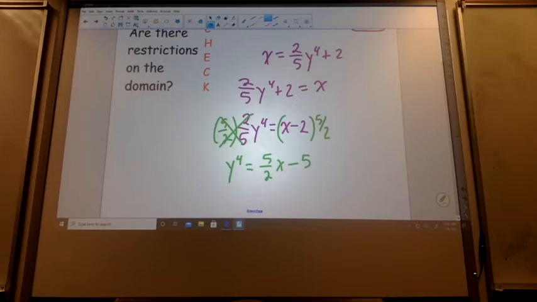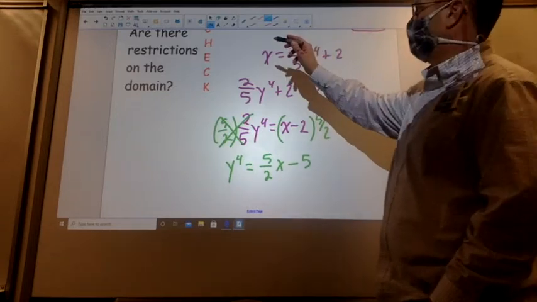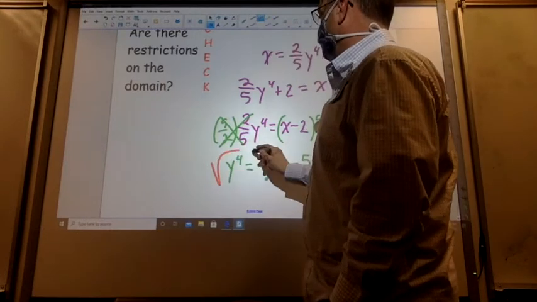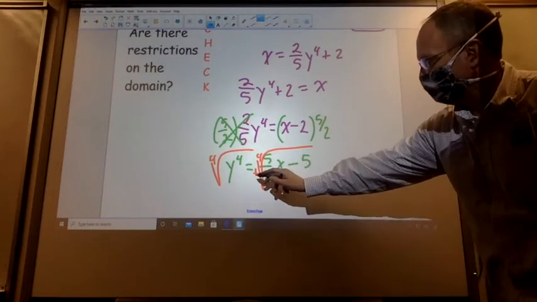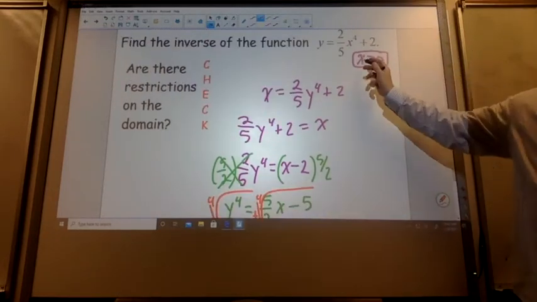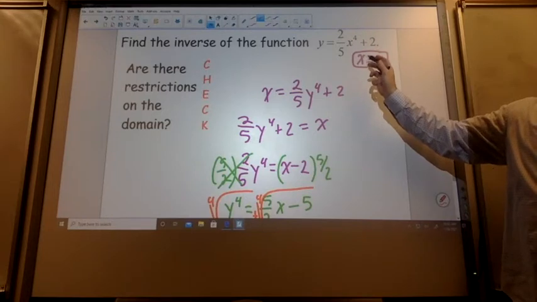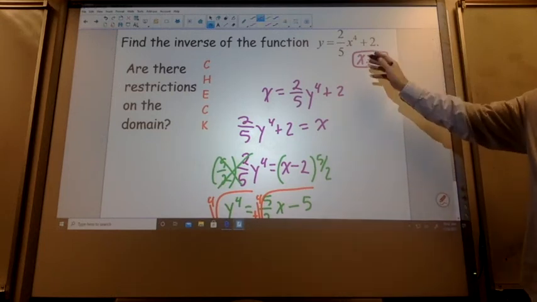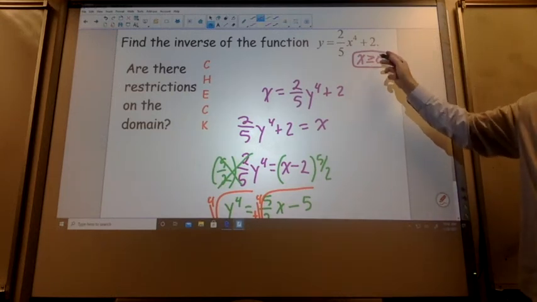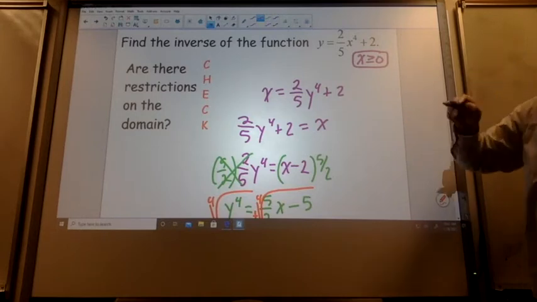What am I going to have to do to get y by itself on this problem? 4th root. What did I say up above? Do we want the positive or the negative? Positive. Okay, because it's a 4th root, I'm going to do the 4th root on both sides, and I'm going to keep the positive component. The reason I'm putting that little plus there is because I made a claim up above. I want my x values to be positive, so I'm restricting it. So if I were to graph this with this restriction, it's going to be 1 to 1.